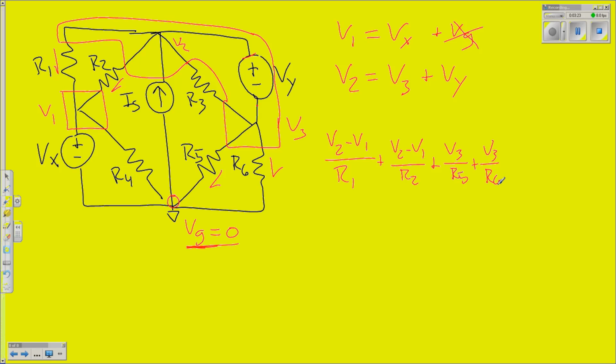Now, we also have this independent current source. We want our node current, the branch current, to come out like that, but that's in the opposite direction, so we just subtract it.